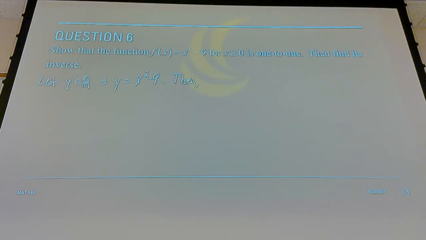You'd only want to do that if it equals 0. That's just x squared minus 9, isn't it?